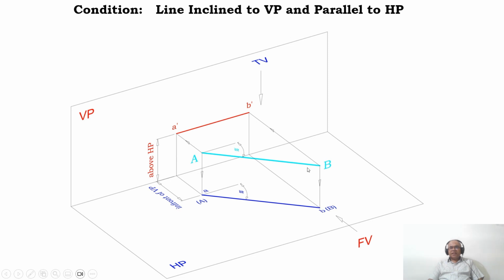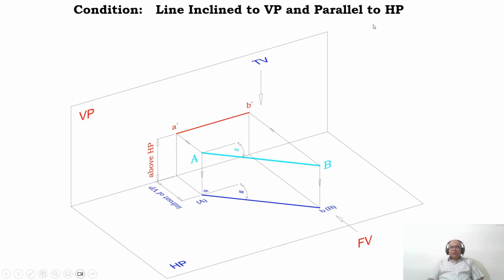If this is 100, this is also 100. So this is the true length in HP. Once it is the true length, it is always marked with capital A and capital B in brackets. That is the reason why capital A and capital B are shown in brackets in the top view.